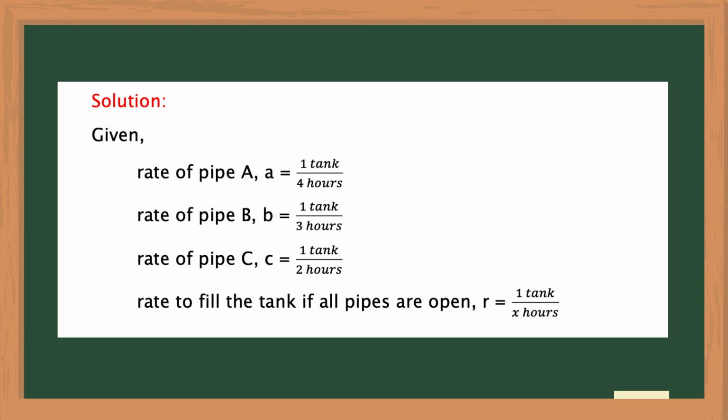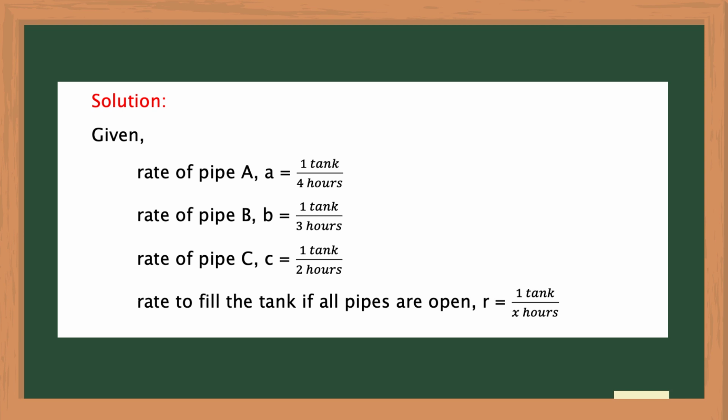Our solution, given the rate of pipe A, which is A is equal to 1 tank over 4 hours, the rate of pipe B, which is B is equal to 1 tank over 3 hours, rate of pipe C, which is C, is equal to 1 tank over 2 hours, and the rate to fill the tank if all pipes are open, which is R, is 1 tank over X hours.